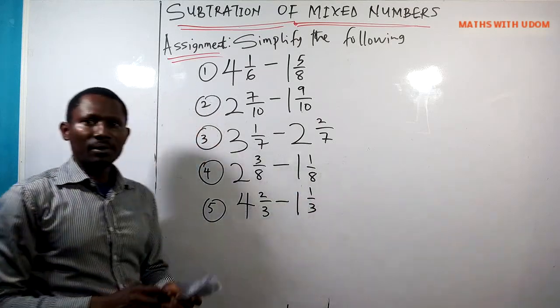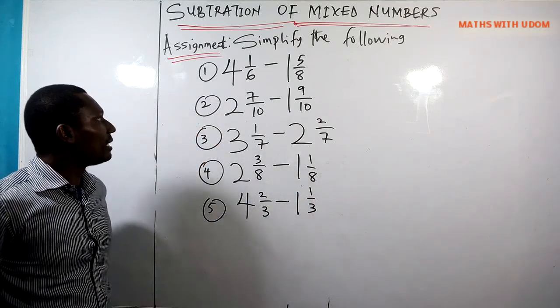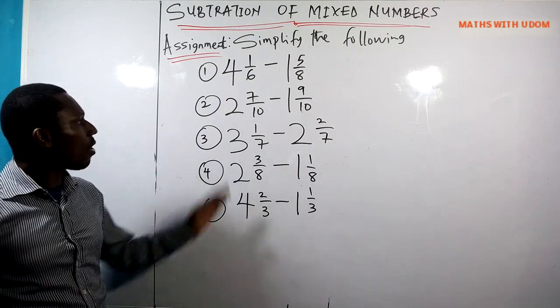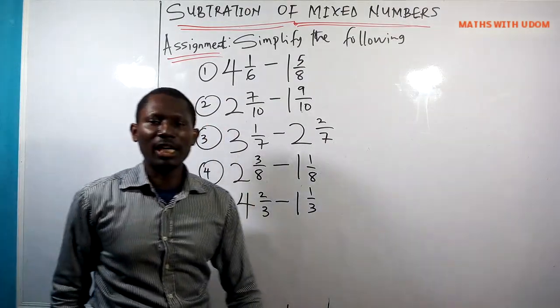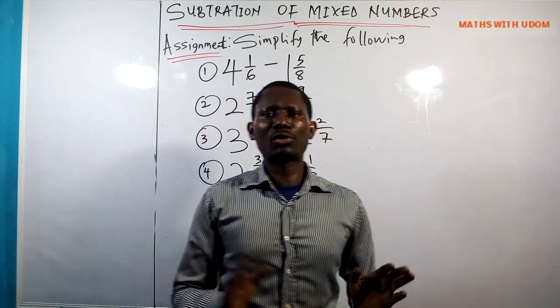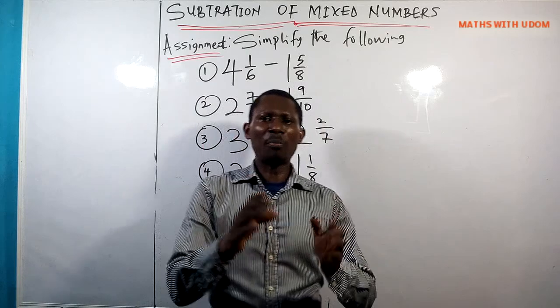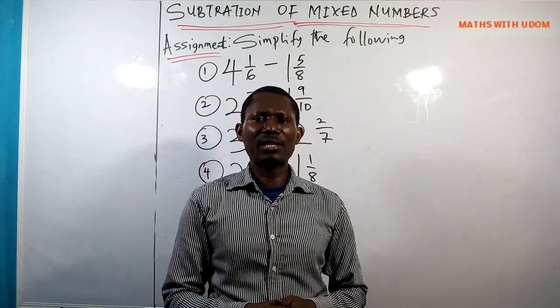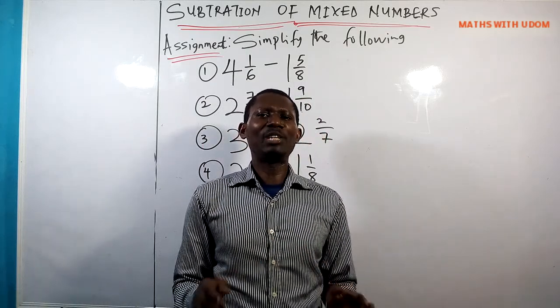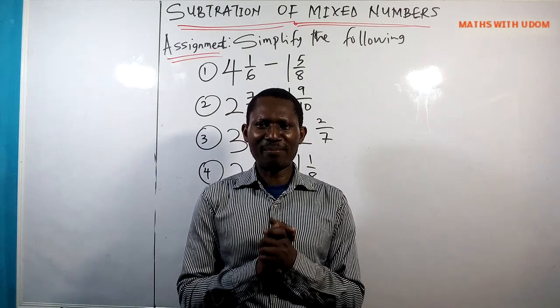These are your 5 assignments, and you have to simplify all these and their subtractions. So all you need to do is to solve the problems, submit them to your school teachers for appropriate marking, awarding of marks, and corrections. And by so doing, you get better by the day.